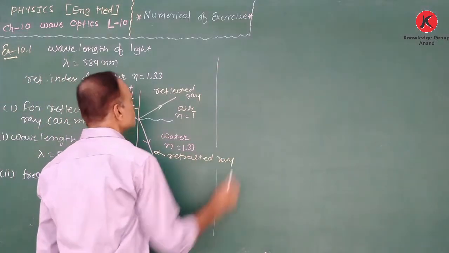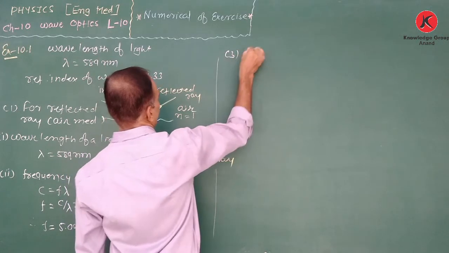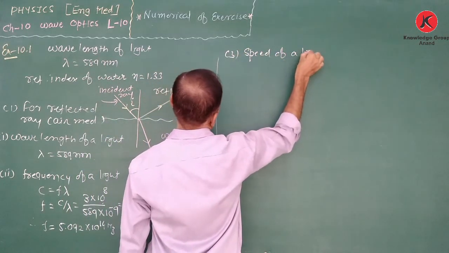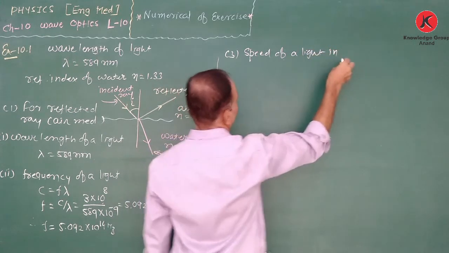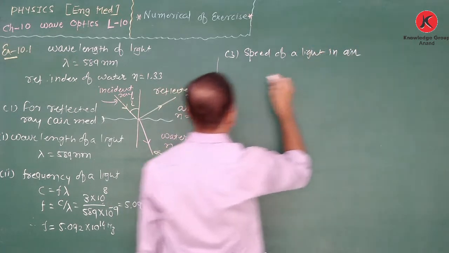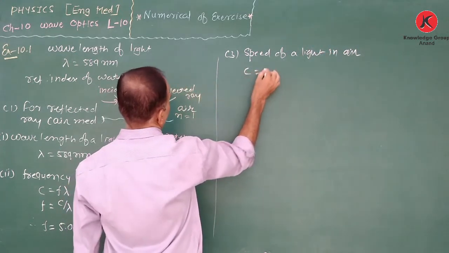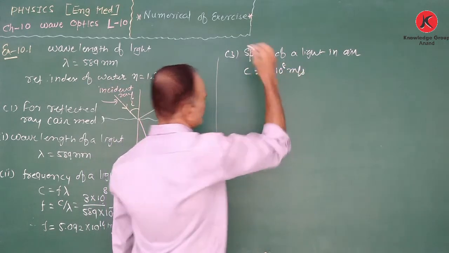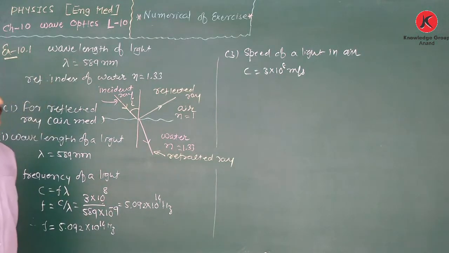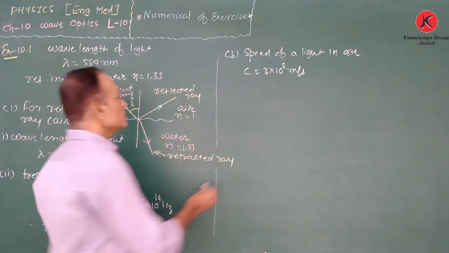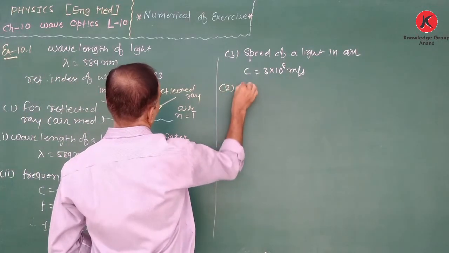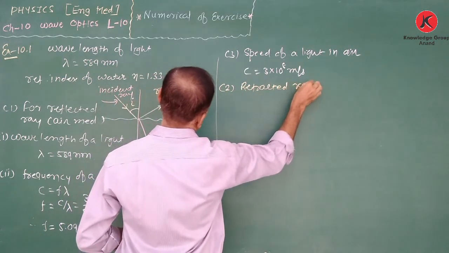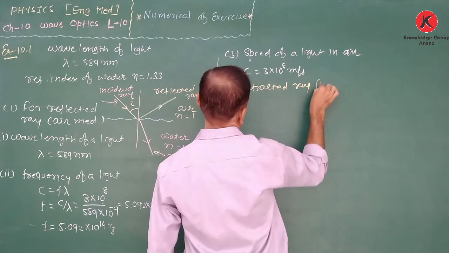Now, third part, the speed of light in the medium. That is c. c is equal to 3 into 10 to the power 8 meter per second. Now, second portion, the refracted ray in water medium.